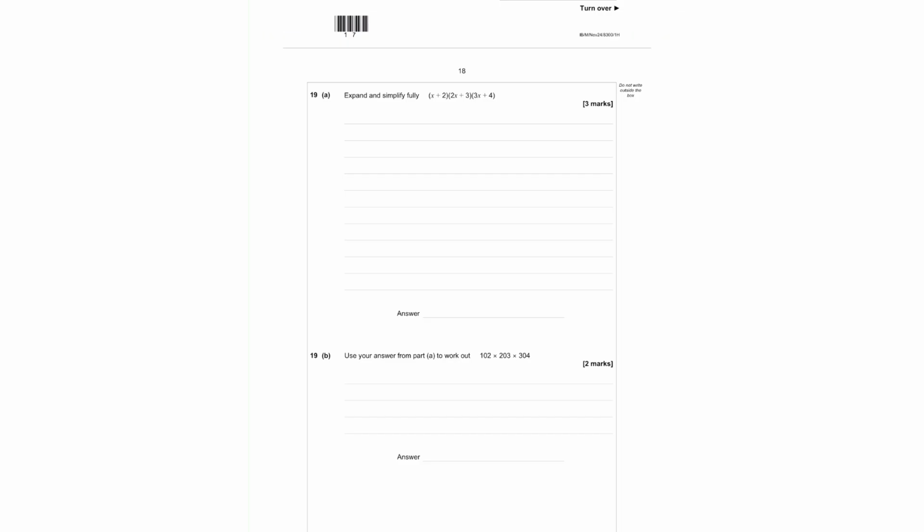So moving on to question 19, and we have this triple bracket expression that we want to simplify. So the easiest way to do this is to start with two brackets and work those through. So in this case, we'd have (x plus 2)(2x plus 3), and then we just need to make sure we multiply each term.